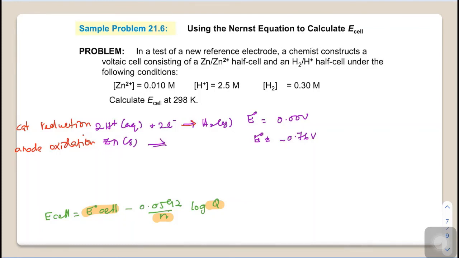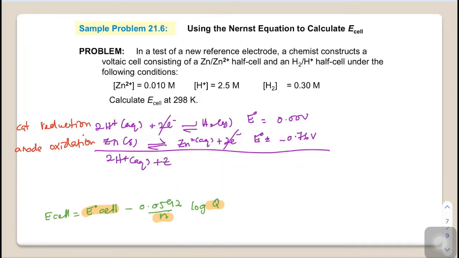Zinc solid turns to zinc 2 plus plus 2 electrons. So the overall equation will be 2H plus aqueous plus zinc solid turns to H2 gas plus zinc 2 plus aqueous.